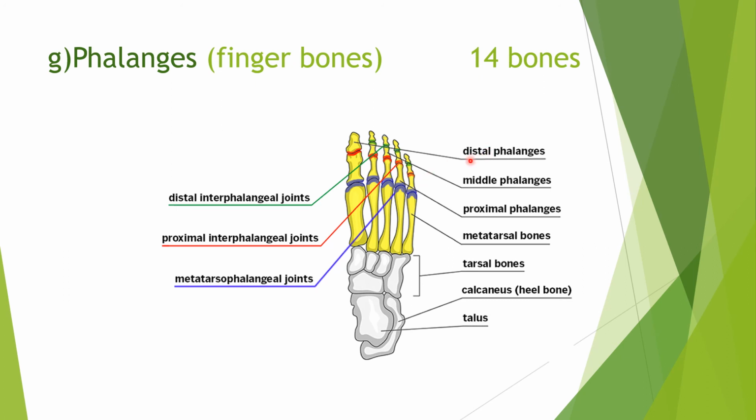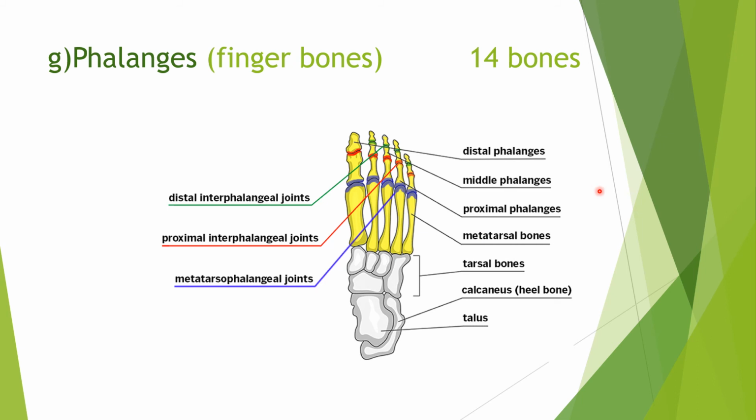The phalanges are divided into 3 rows: proximal phalanges, middle phalanges, and third is distal phalanges, and they are named because of their distance from the metatarsals. The proximal phalanges are present near the metatarsal bones, so they are called proximal, and the distal phalanges are present away from the metatarsal bones, so they are called distal phalanges.